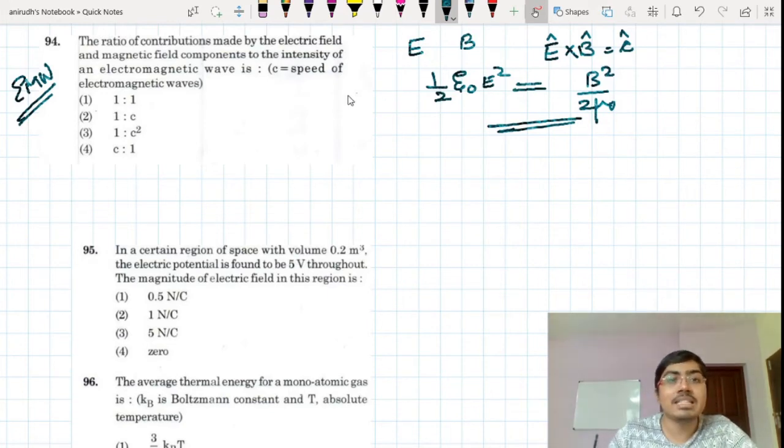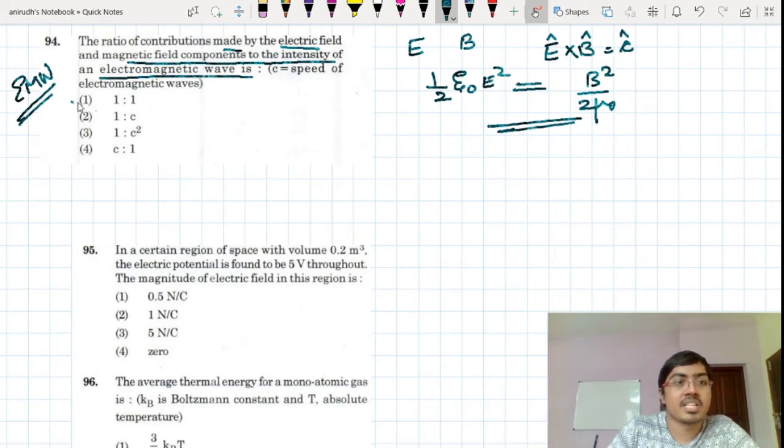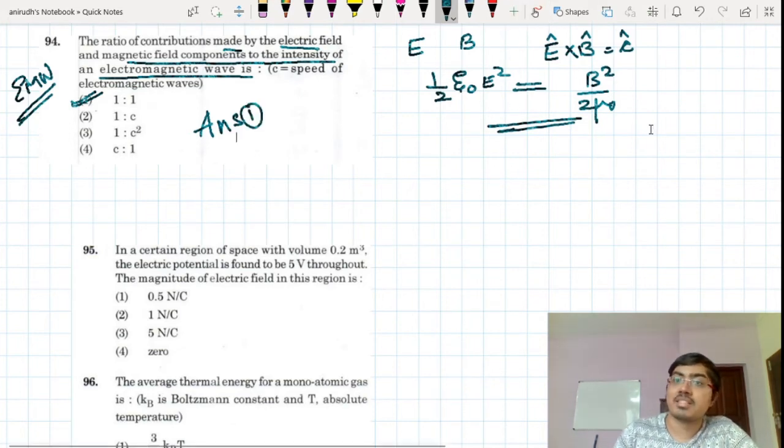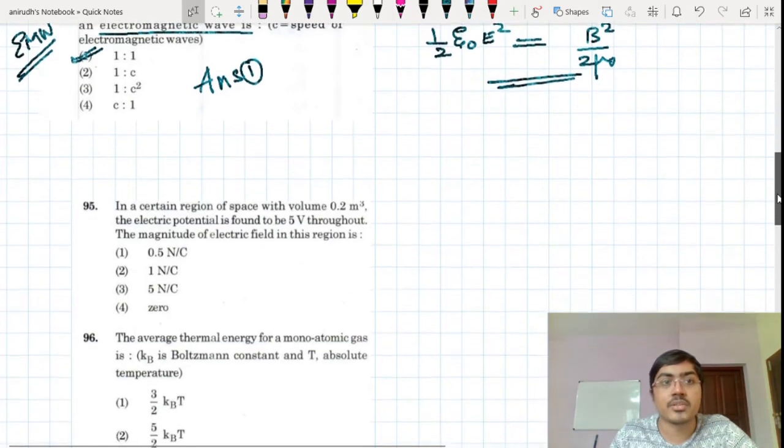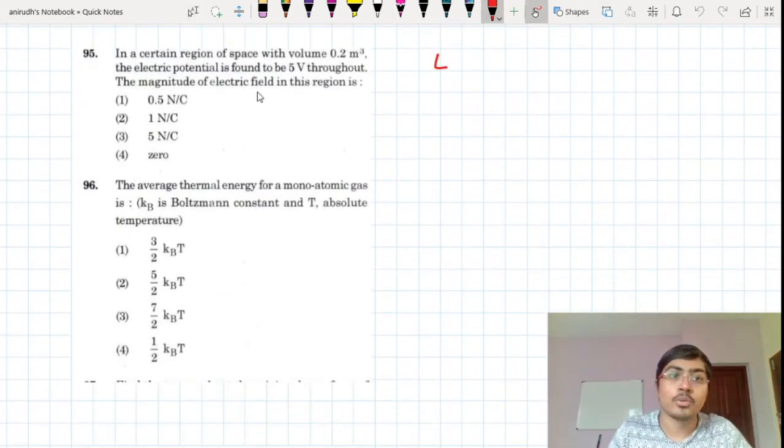So that means the energy contribution of electric field and magnetic field are equal. Therefore the ratio of contribution made by electric field and magnetic field components to the intensity of an electromagnetic wave is obviously 1:1. Both are equal. This is something that we have proved. So the correct answer for this question is option number 1. So this is a simple question, more of a conceptual question that you are supposed to learn. Let's go to the next question now.